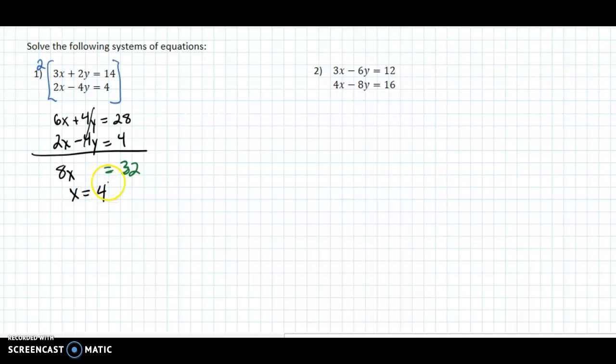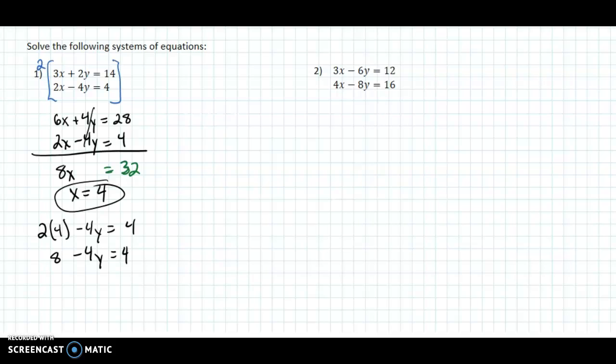Okay, so once you have x, that's great. Now we can plug this back into our system. We can plug it in anywhere. Let's just use the second equation. So I have 2 times 4 minus 4y is equal to 4. And so that gives me 8 minus 4y is equal to 4.